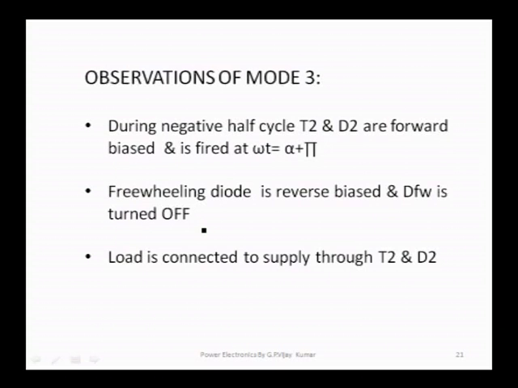Let us see the observations. During the negative half cycle, T2 and D2 are forward biased and fired at omega t equal to alpha plus pi. The freewheeling diode is reverse biased here and DFW is turned off. The load is connected to the supply through T2 and D2.